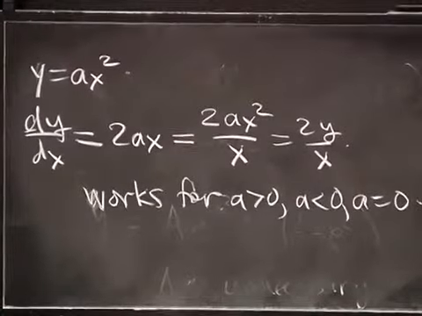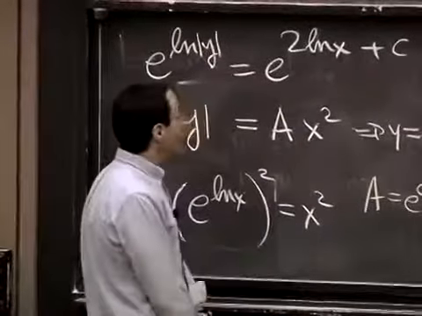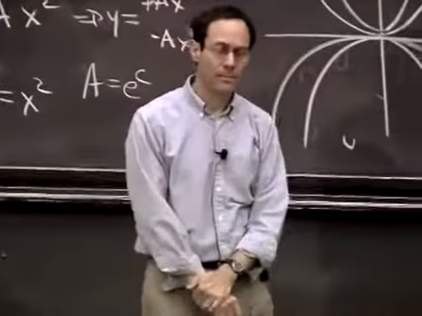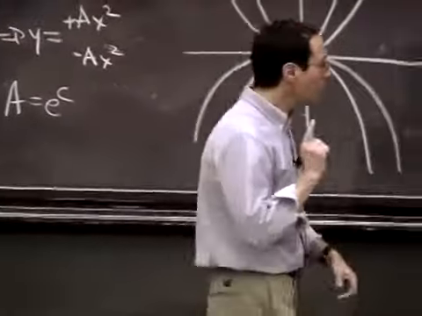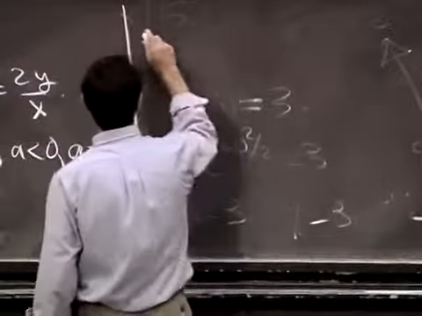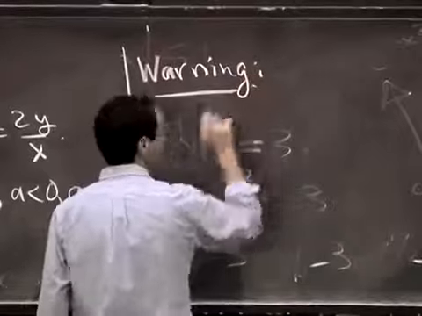Again, we didn't pick up by this method the a equals 0 case, and that's not surprising because we divided by y. There's another thing to watch out about this example. So there's another warning, which I have to give you.